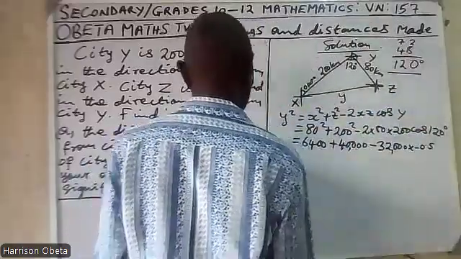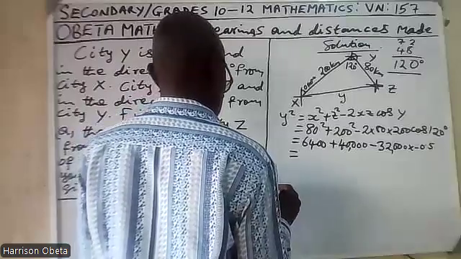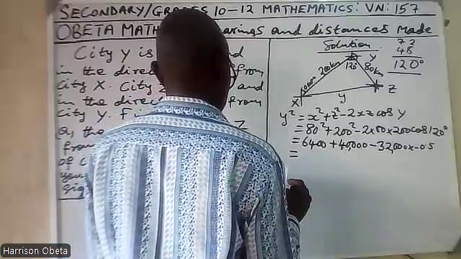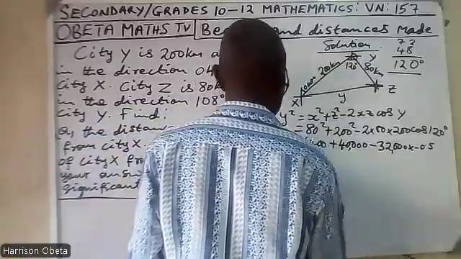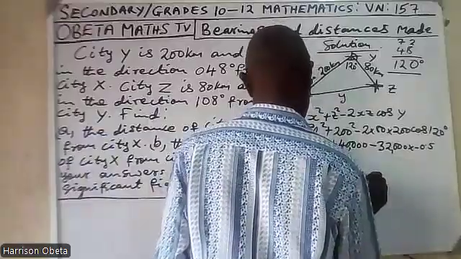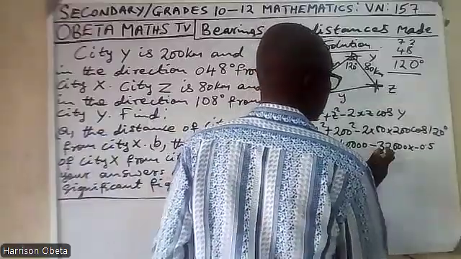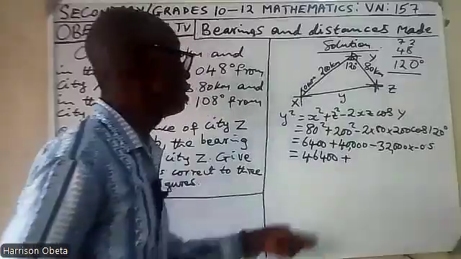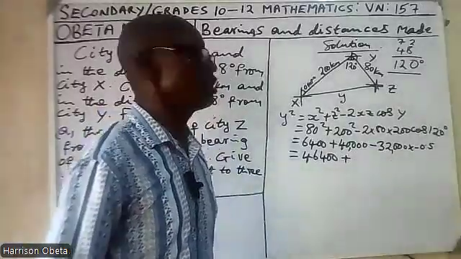And that will give us 46,400 plus, you know that minus times minus will give us a plus.